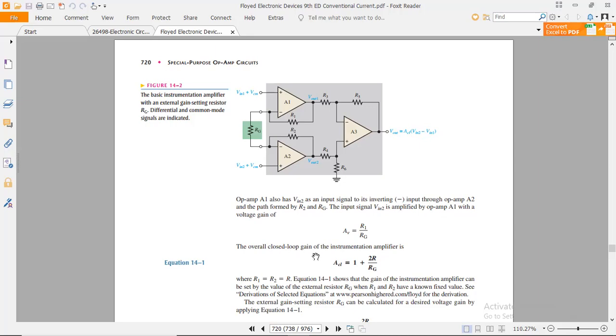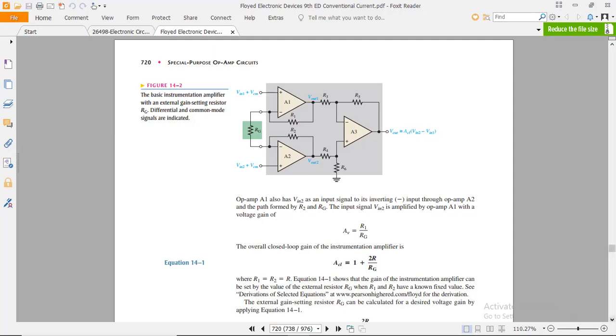The overall closed loop voltage gain of the instrumentation amplifier is equal to 1 plus 2R divided by RG, where R1 and R2 are equal. As equation 14-1 shows, the gain of the instrumentation amplifier can be set by the value of the external resistor RG, and respectively these other values are fixed.